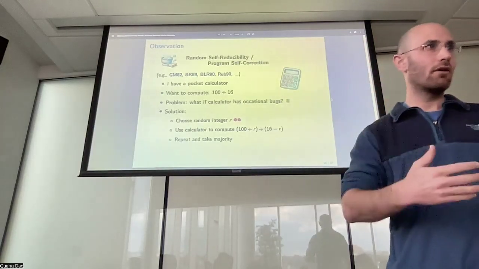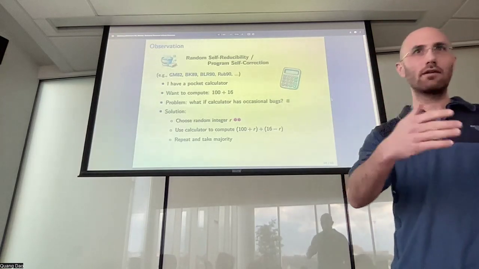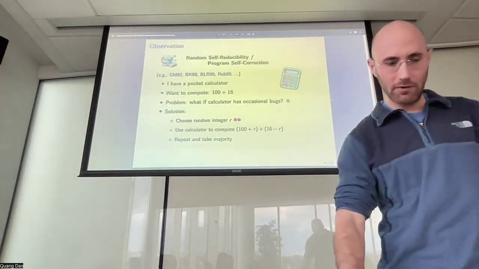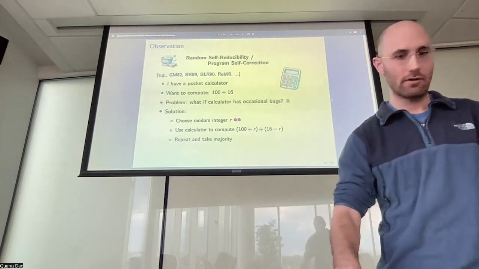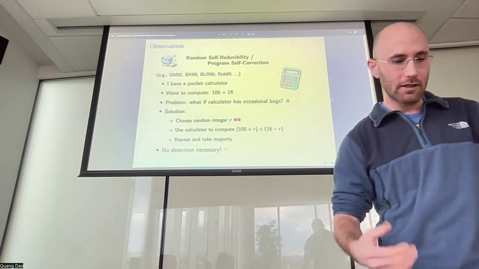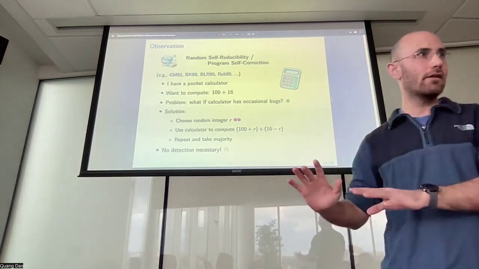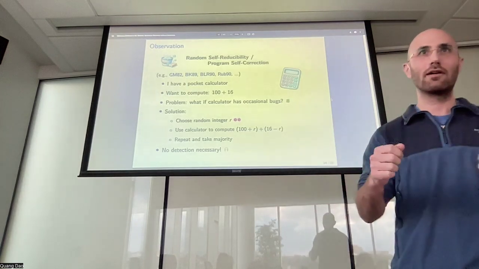Okay, so now I repeat this s times, and my chance of getting the wrong answer at the end is exponentially small in s. So that means that even people like me can feel fairly certain that we got the right answer. Now the interesting thing here is that I completely sidestepped the issue of detecting the bug. I didn't open the calculator and look at the circuit.